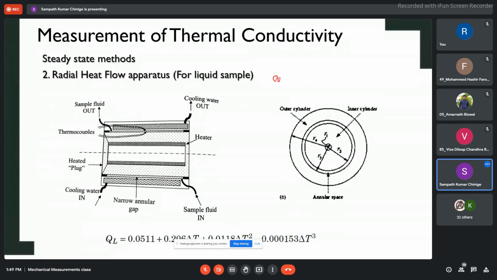Convection is equivalent to conduction plus advection. What do you mean by advection? Advection means bulk fluid motion.